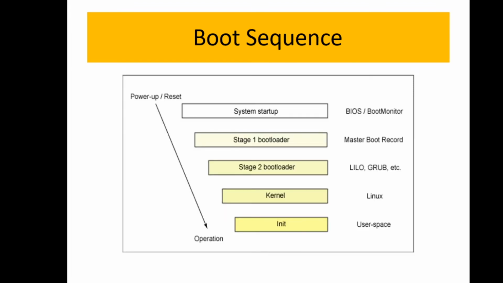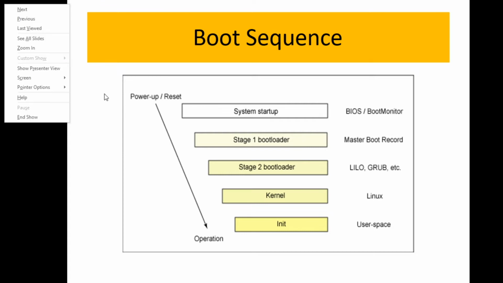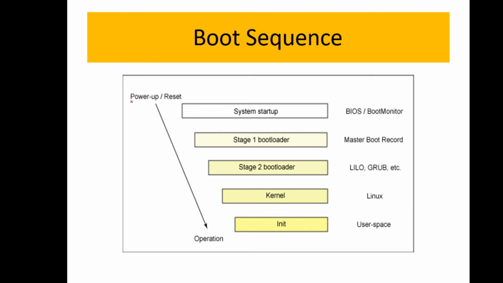So the booting sequence will happen from here. As soon as POST, that is power setup, happens, first the system startup functionality will be triggered. So we'll be concentrating on the BIOS and the boot monitor.